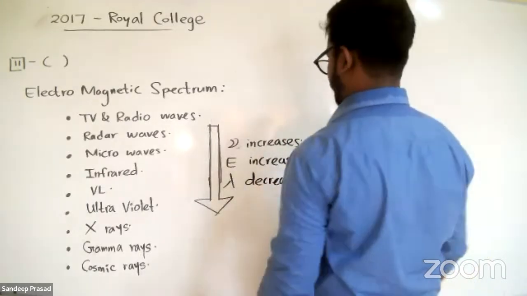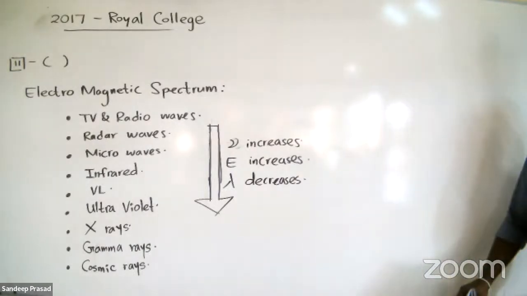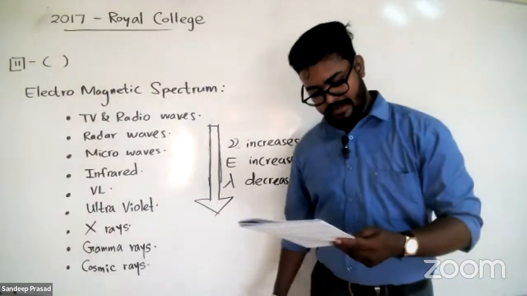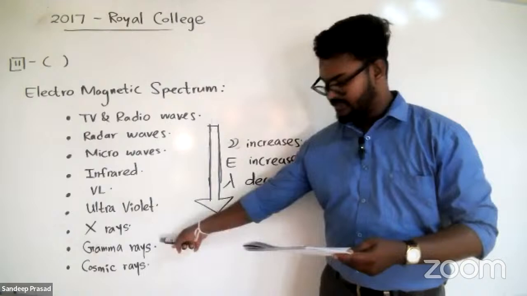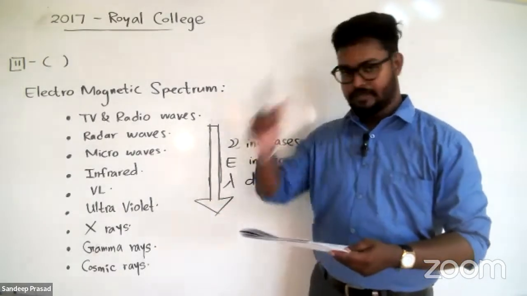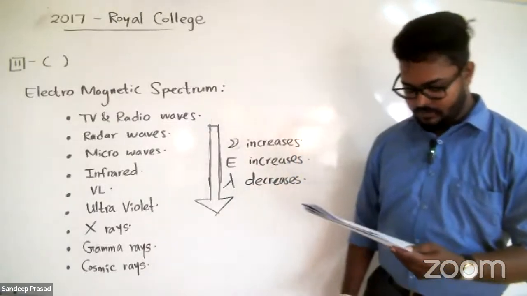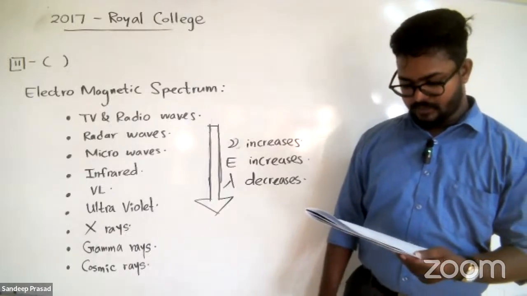So these are very important, you have to understand. Right? Electromagnetic spectrum. Now, gamma is the highest frequency electromagnetic wave. Yes, that's correct. I told you that cosmic rays is not included in the electromagnetic spectrum that we discussed, but gamma rays is the highest one.